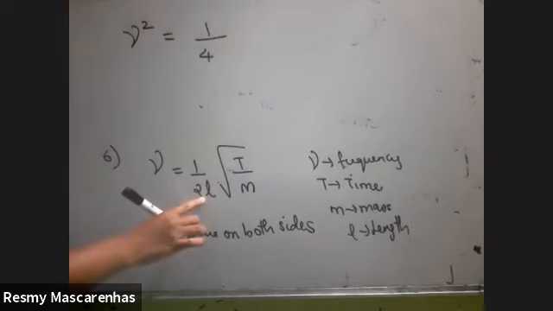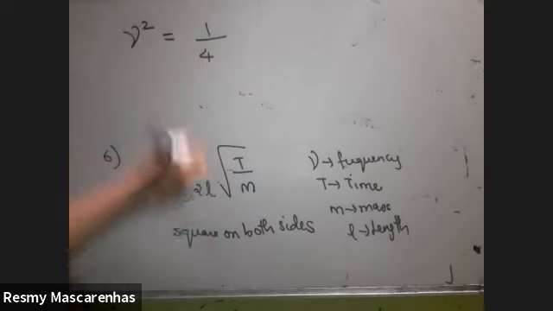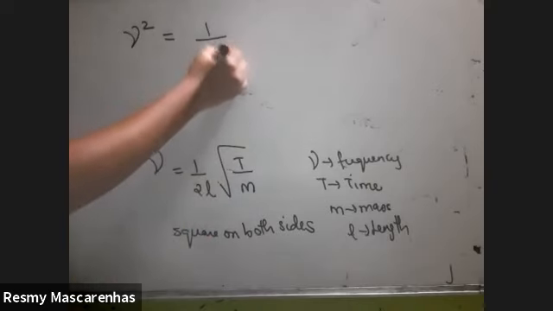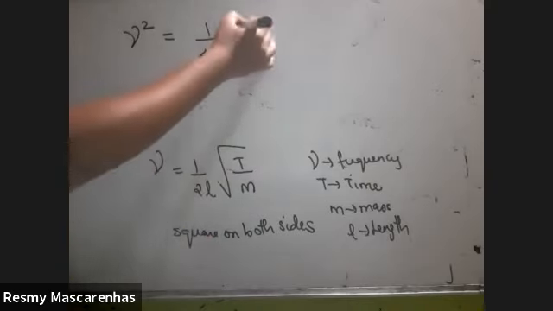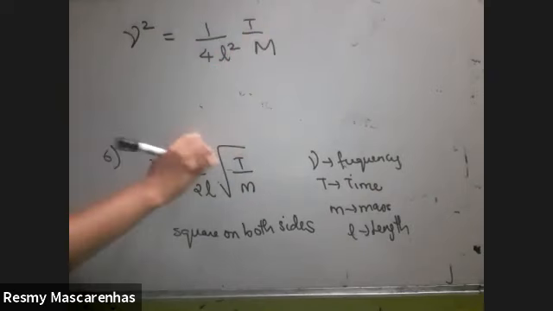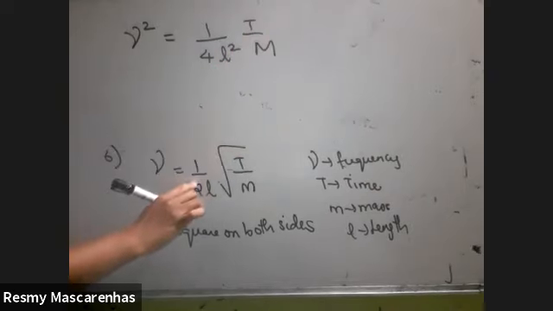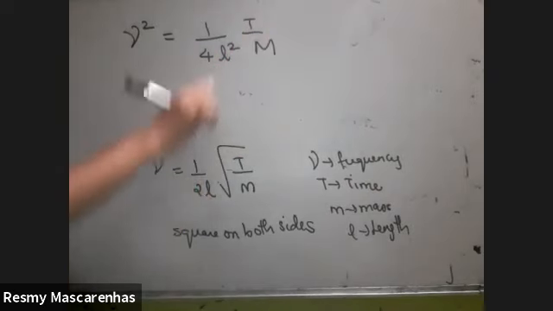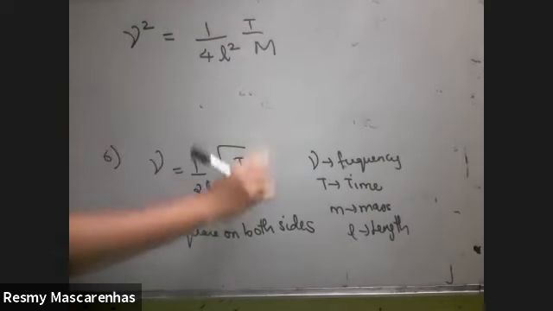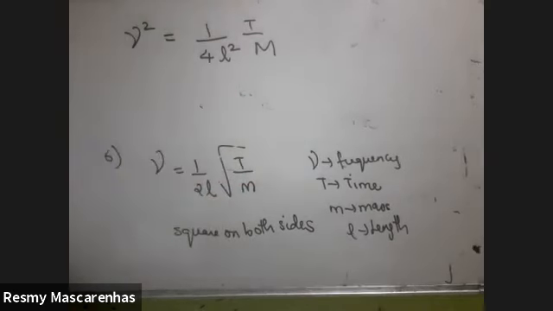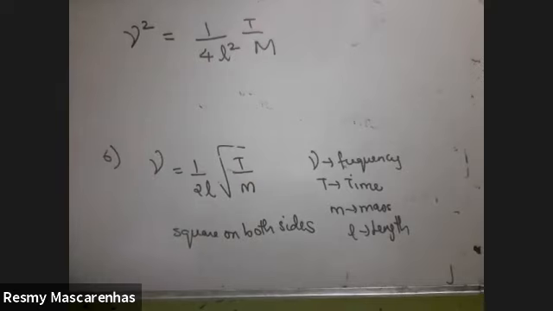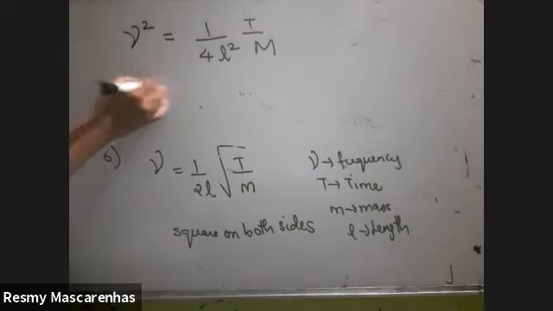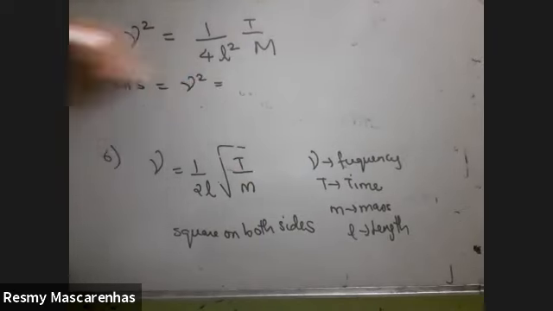You can write an extra step, no problem. Directly writing, this will become T upon m. Everything will get squared. So this will become 2 square, which is 4, and the whole square, root and square will cancel. You will get like this. Now take the left hand side, that is frequency.